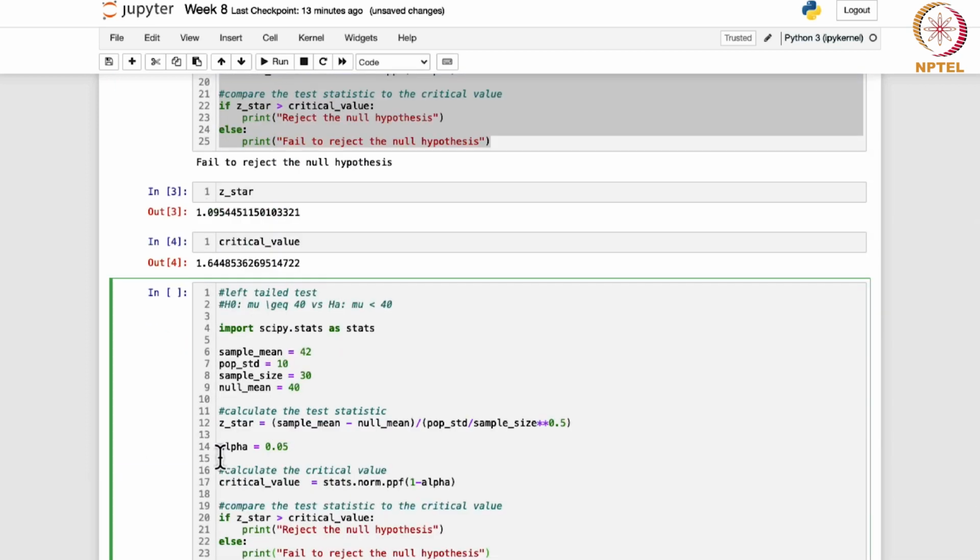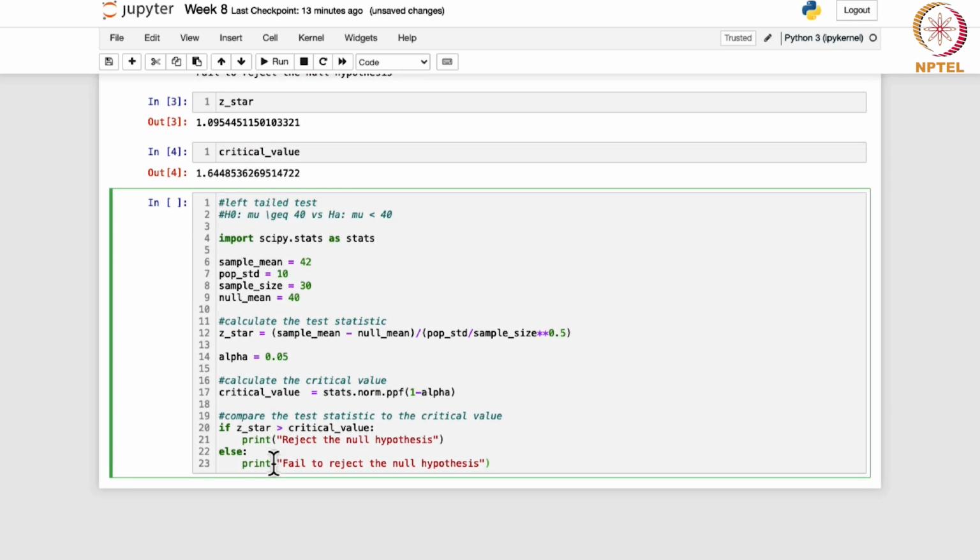If you remember, in theory also we have a minute difference when going from right tail to left tail. The hypothesis is this, and obviously these values are the same. Z star would be calculated in the same way. The difference comes when you are calculating the critical value.